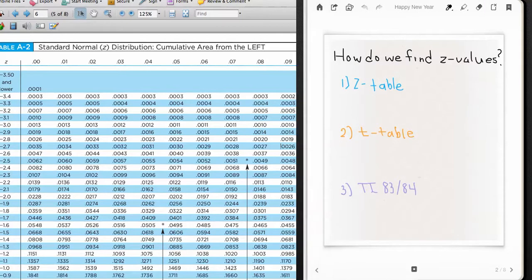So there are three different ways in which I can find these z-values that I desire. Now what I want to do first of all here is make a little bit of a notation of what I'm doing. I'm going to be finding the probability that a z-value is less than some negative z-value is equal to that area in my left tail.